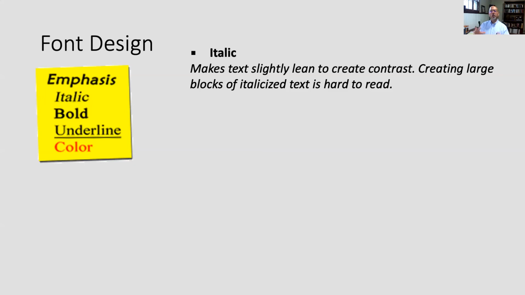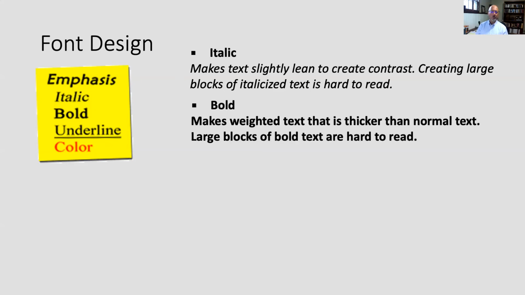Now, if we create large blocks of text that is italicized, then it becomes a little bit more difficult to read, so we want to be aware of that. It is just intended to emphasize a short word, phrase, or maybe a sentence or 2. But beyond that, we probably don't want to use that much italicized text.